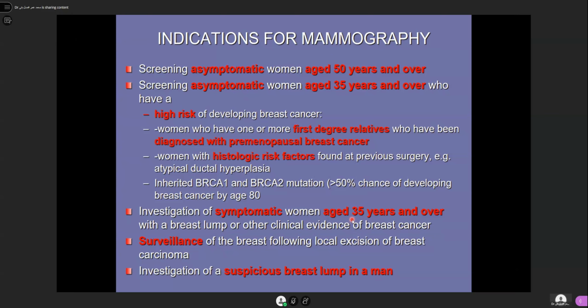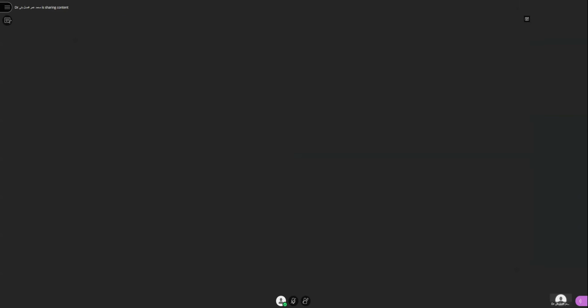Number one, the reason is that we always calculate risk versus benefit. There is more risk of developing breast cancer if we give radiation at a younger age. She may develop breast cancer due to the radiation.